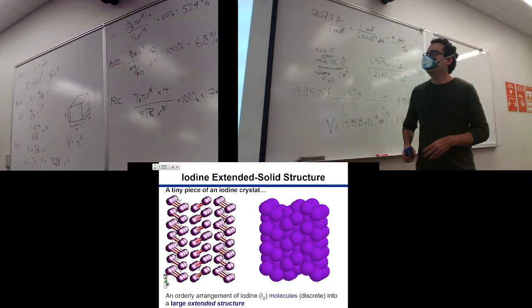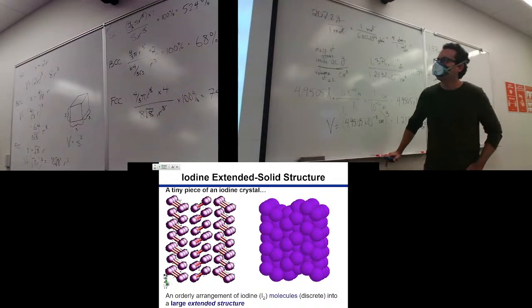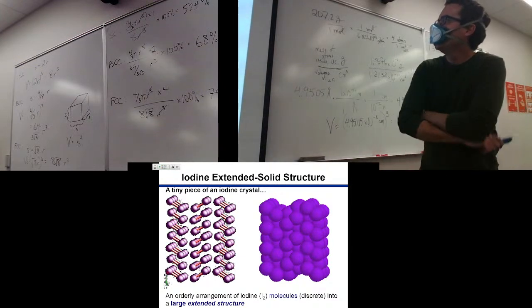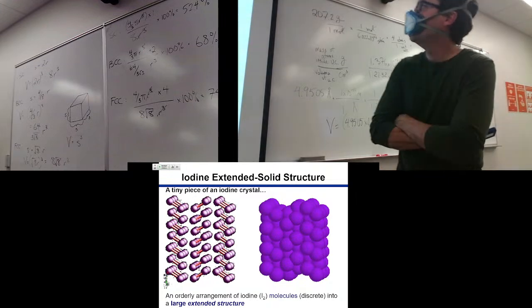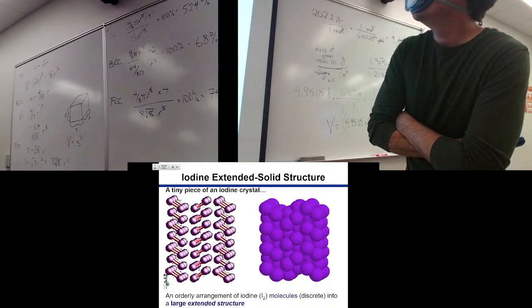Here is an iodine crystal. Can anybody tell what the packing arrangement is for iodine crystals? It's a little hard to see. I don't know if I can tell actually. Yeah, it's really hard to tell. Might be primitive.